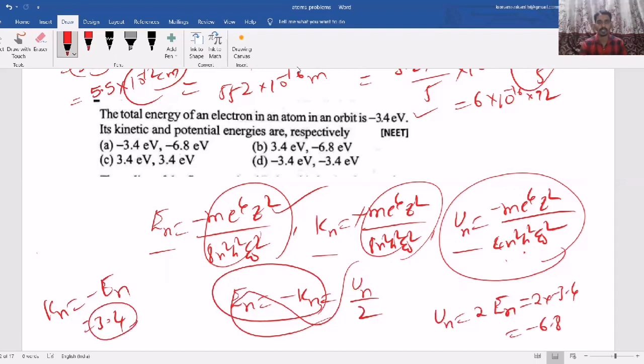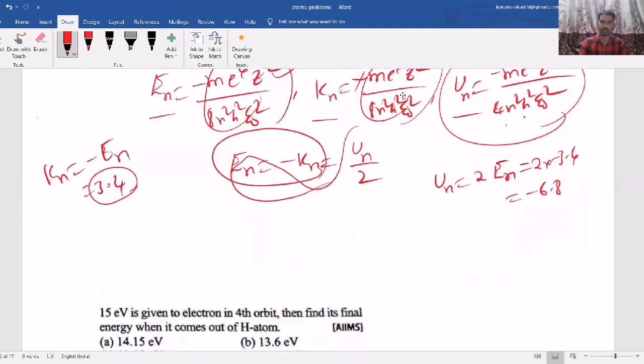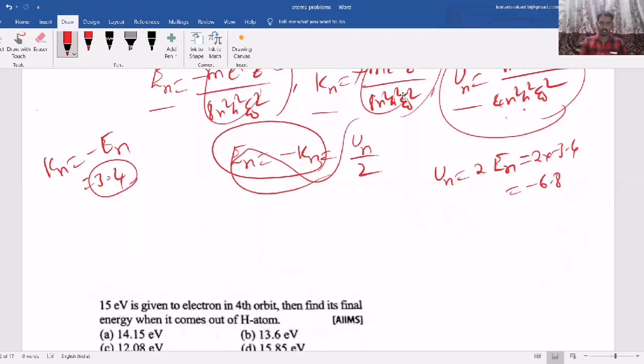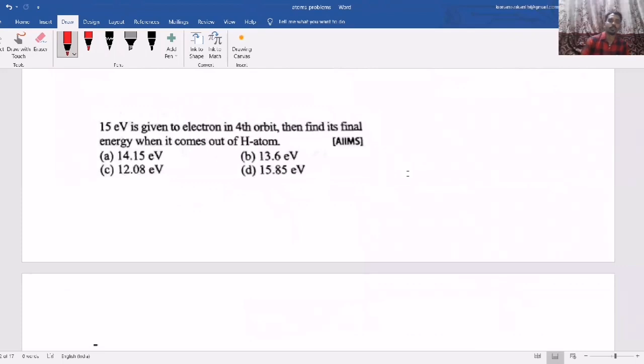So kinetic energy plus 3.4 and potential energy minus 6.8. So option B. So this is the relation between total energy, potential energy and kinetic energy of any electron in any orbit.